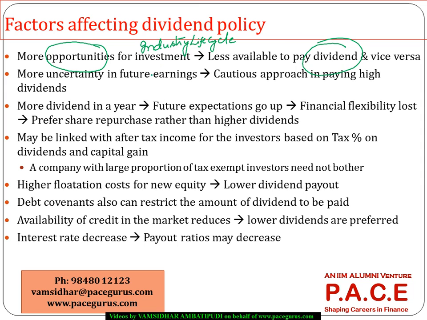And at the same time, if there is an uncertainty in future earnings, okay, this year we have generated good profits, our net income is very high, but if I assume that in the next coming years, because of more competition or any other factors, the net income is not going to be as much as it is in the current year.